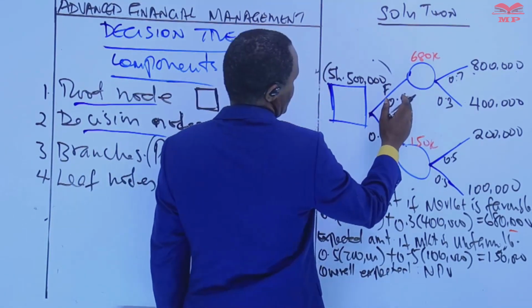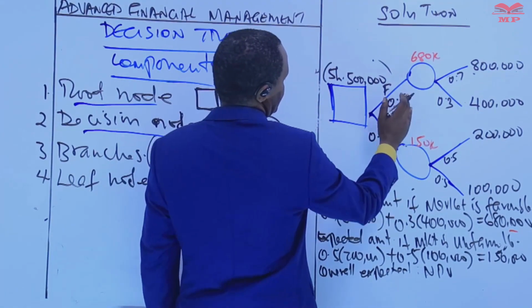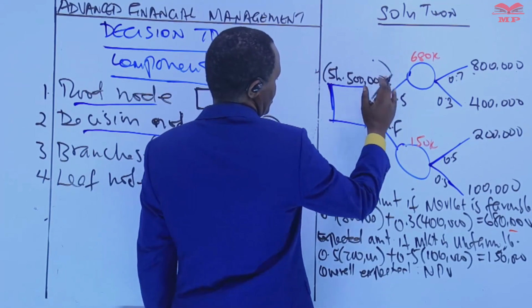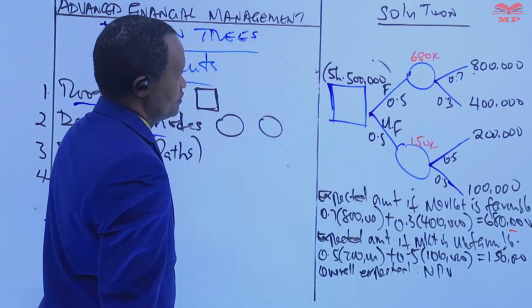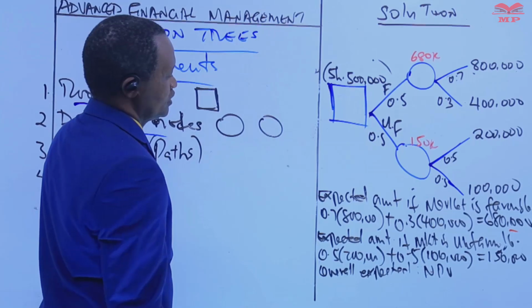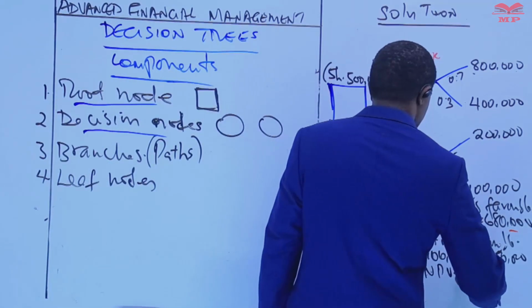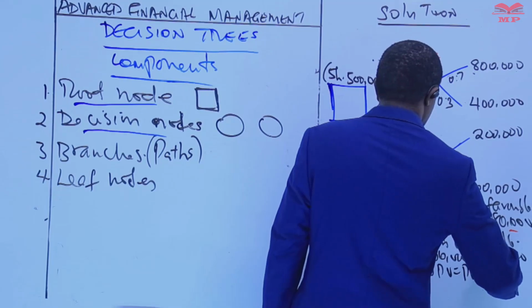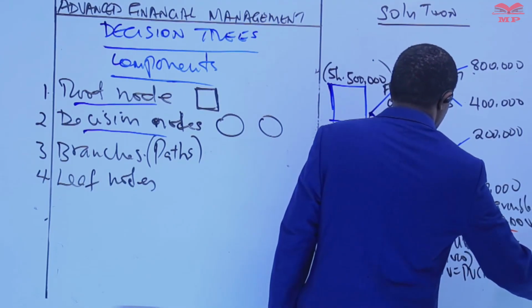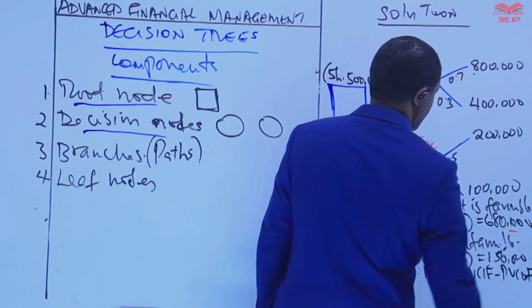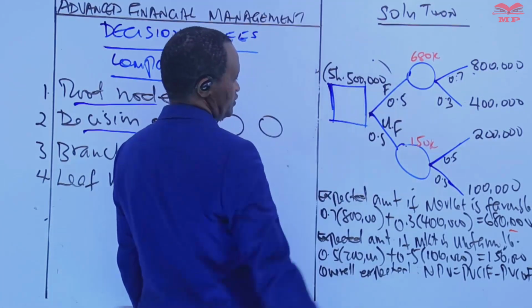After taking into consideration the probabilities, we deduct the initial cash outlay. You understand? We know NPV is equal to present value cash inflows minus present value cash outflows. The outflow is the 500,000.